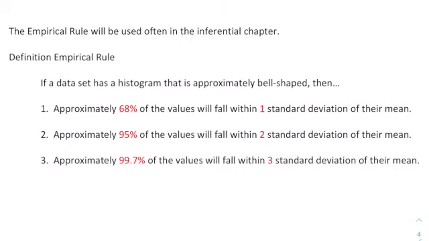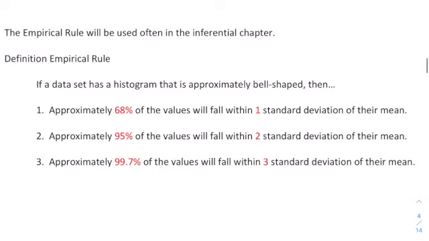Approximately 68%, you gotta know that number, 68% of the values will fall within the first standard deviation. 2. Approximately 95% of values will fall within 2 standard deviations. 3. Approximately 99.7% of the values will fall within 3 standard deviations of their mean.